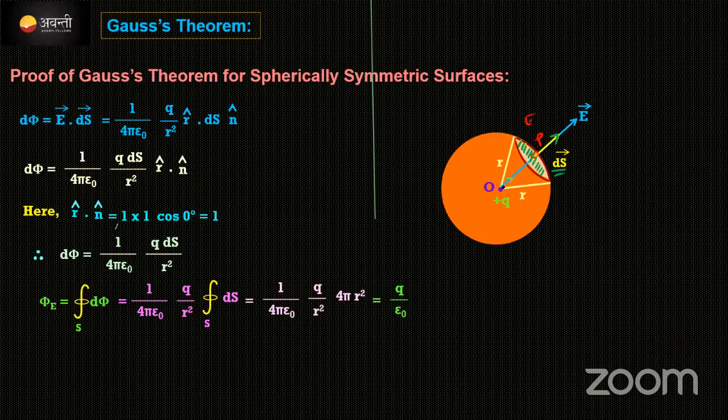Due to this charge q, the electric field is also moving in the same direction. Guys, may I know what is the angle between them? Let me know in the chat box quickly. Zero, right. Yes, Jansi. Yes, Rajat. Yes, Sujan. Yes, Shashini. Zero. Yes, Sajot.